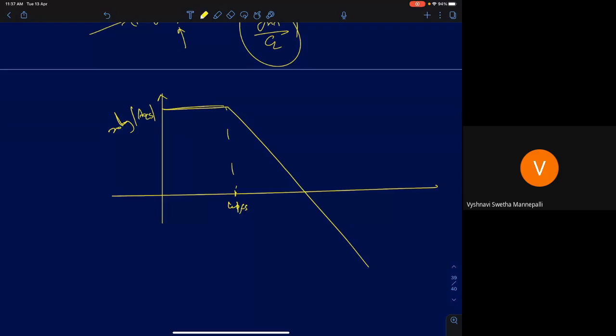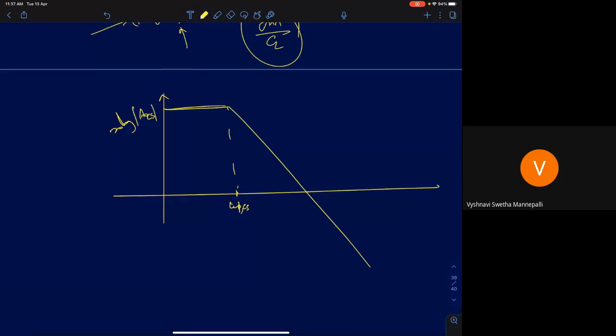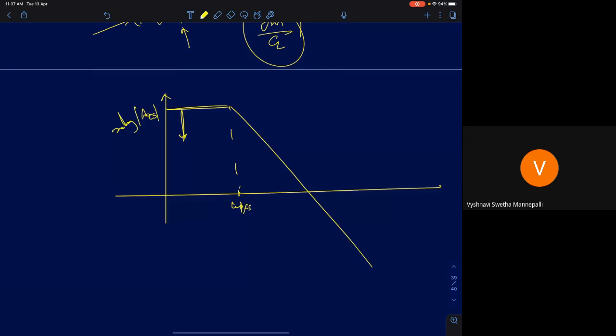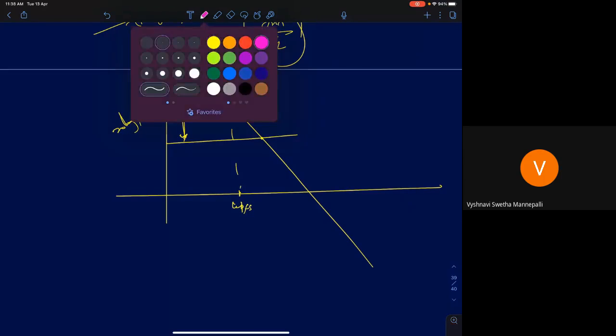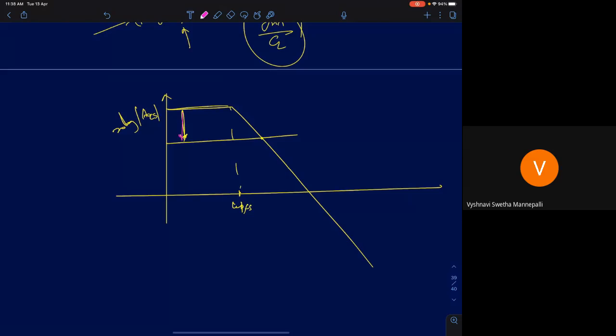I'm simply calling A_CS the intrinsic gain, or highest gain, of a common source amplifier. Now what happened is that this factor reduced by 1 plus gmR naught, but the bandwidth increased by 1 plus gmR naught. So the bandwidth has increased by 1 plus gmR naught, the gain has reduced by some factor, and the bandwidth has increased by the same factor.